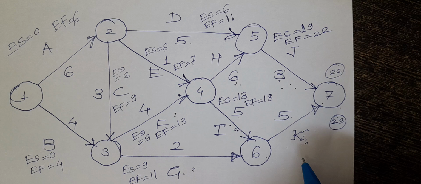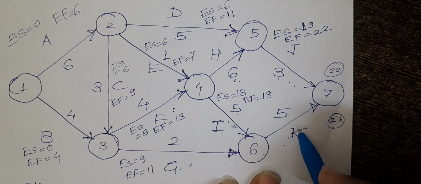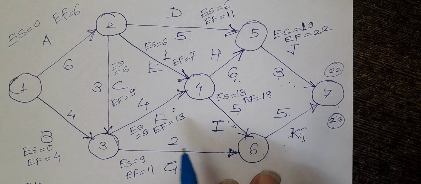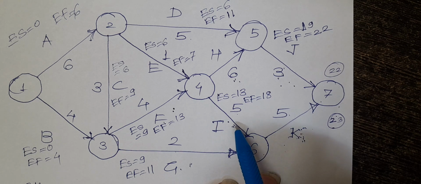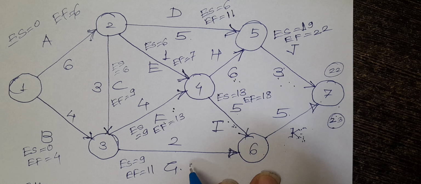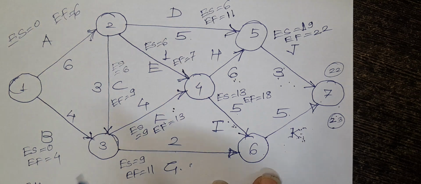So come to the last activity, activity K. What is the earliest start for this activity? We have to take the maximum, as activity K has two predecessors, I and J. We have to consider the highest value.